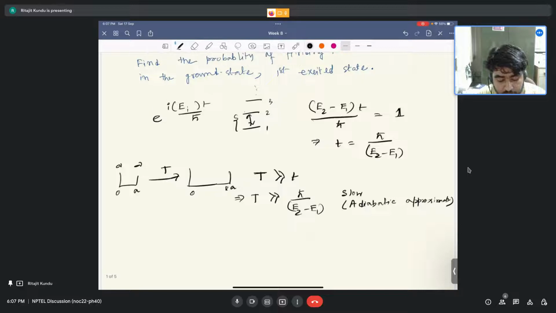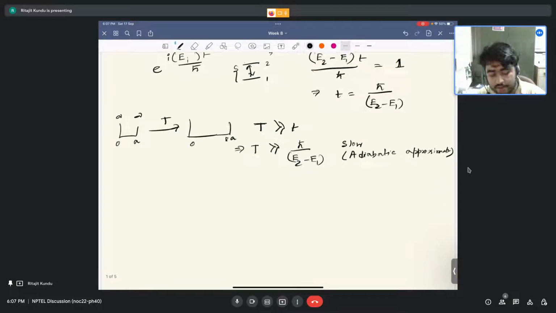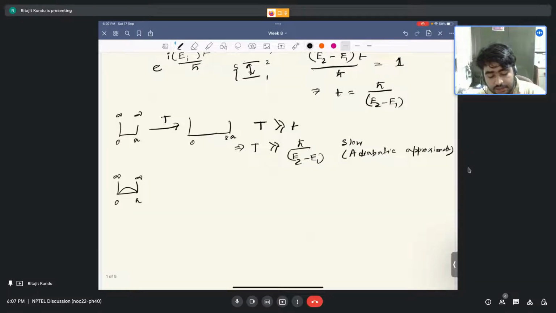So now if that is the case, what will happen? Initially my wave function is in the ground state. The particle is in the ground state in this potential well between 0 and a. If this change is very slow, then as you are increasing the length little by little, it will always follow the ground state of the new system.